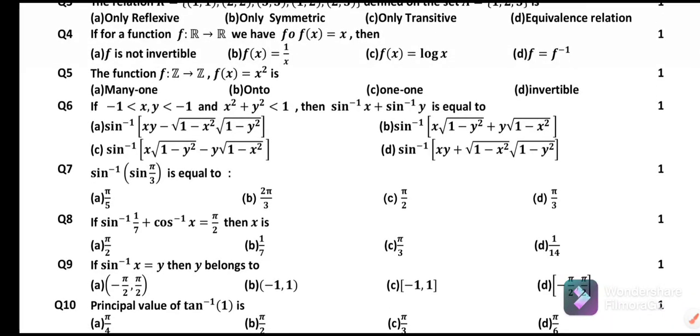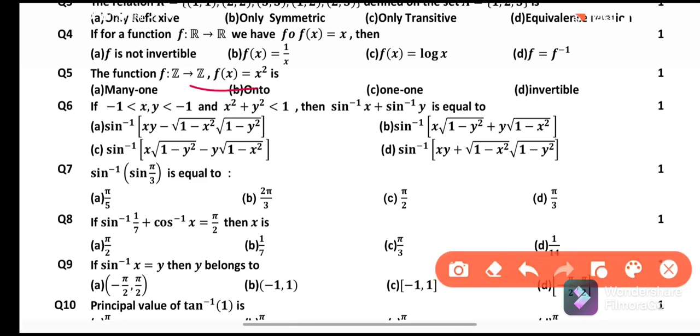Next question, the function f: Z to Z, f(x) is equal to x square. Now check this function for one-one.